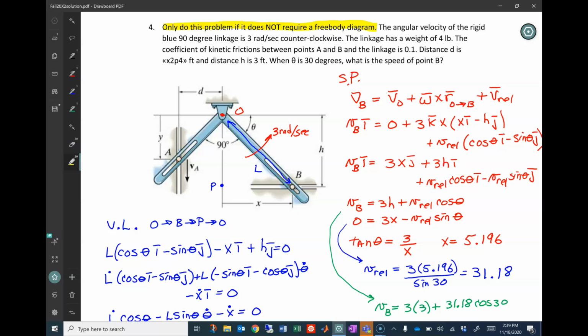That means if I give you one velocity, one dot term, you can find any one dot term you want. And I do. I give you angular velocity. So you do not need a free body diagram to do this. So we're just going to do it.